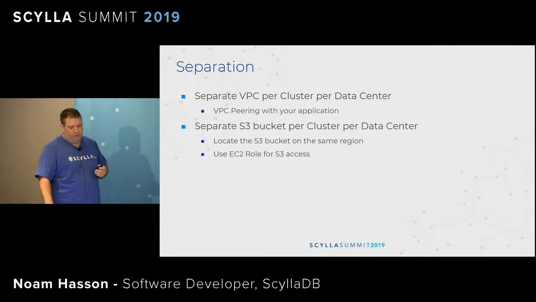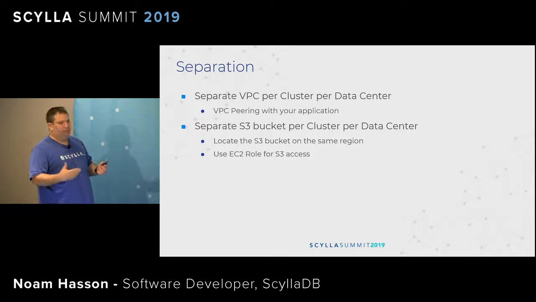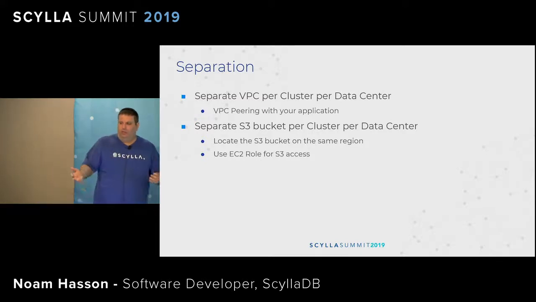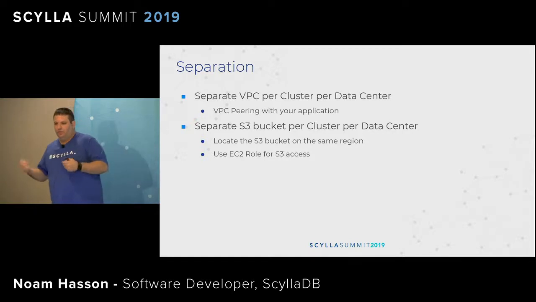Another thing we do is we use EC2 role for S3 access. By default, if you install the server and you use, let's say, the AWS CLI to access AWS APIs, you will run a configuration and store AWS keys on that machine. However, there are several risks with that.